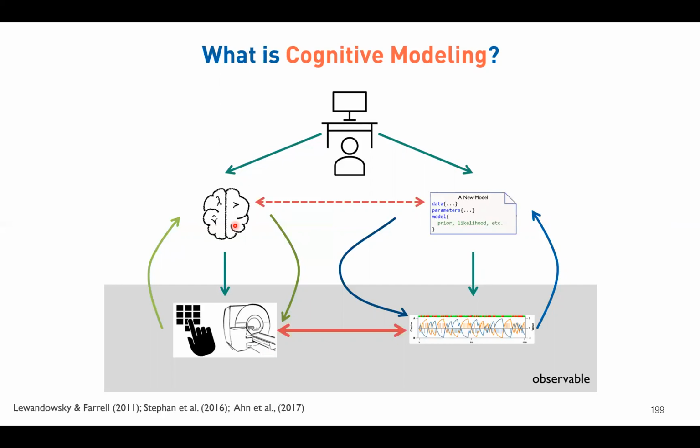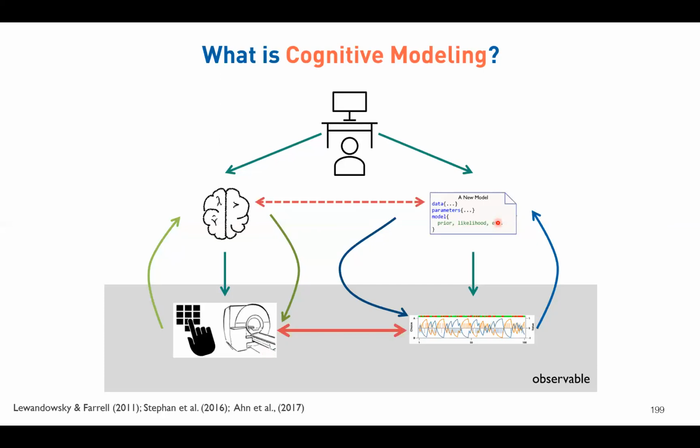So instead, researchers propose mathematical models that try to approximate the cognitive process in the brain. This one is a cognitive model with the goal to approximate the cognitive process, as I said. And the model is a few lines in a text file, honestly. It is a script, if you know programming.